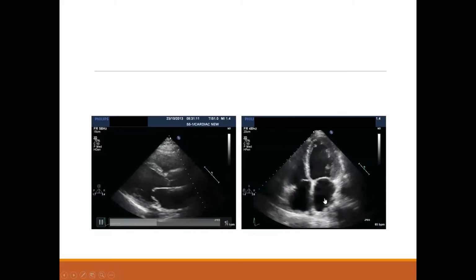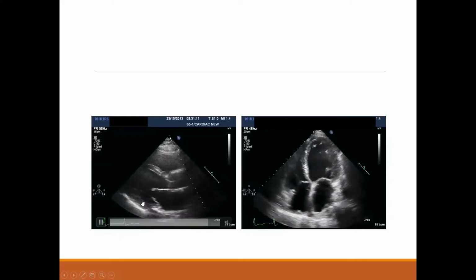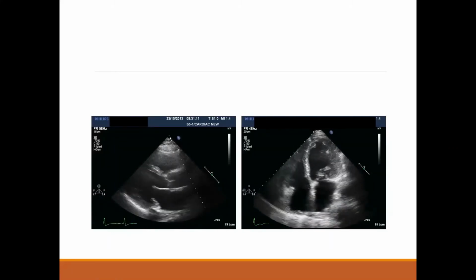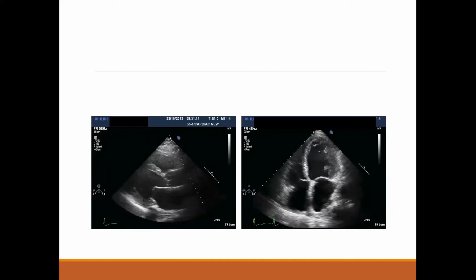This is dilated LV, yes. And in your description you have to quantify the LV systolic dysfunction. How bad is this LV systolic dysfunction? Is it mildly impaired, moderately, or severely? Severely impaired. If I ask you to guess the ejection fraction in this patient, how much will you give?